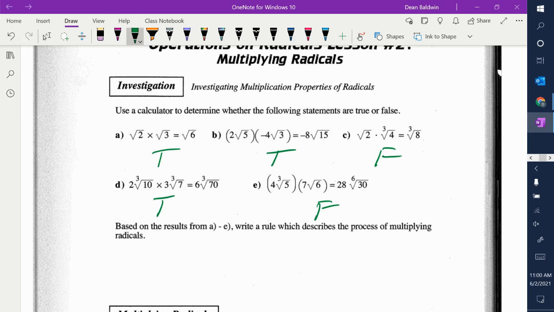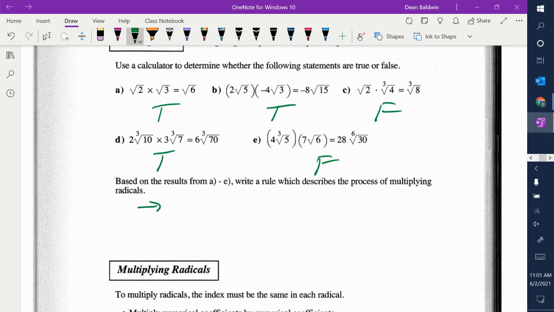So the only thing that has to be the same when you're multiplying is the index number. If you have the same index number, you can multiply together. So you just can't multiply a cube root and a square root. But you can multiply cube roots even if they have different radicands.